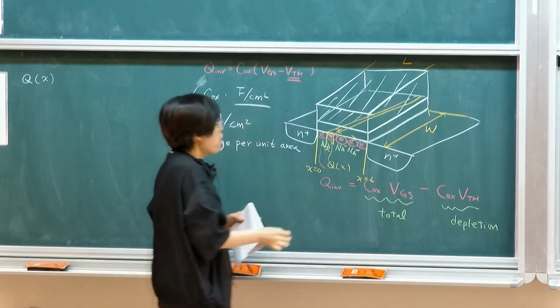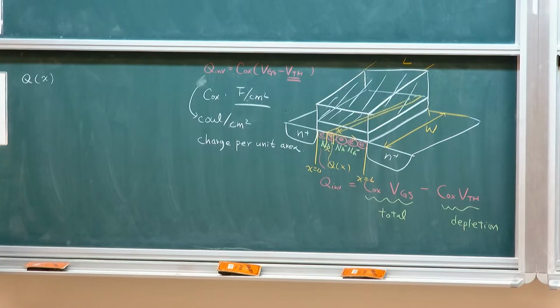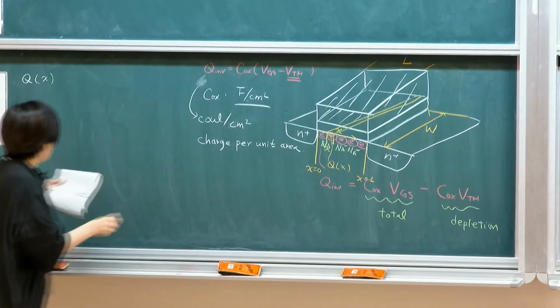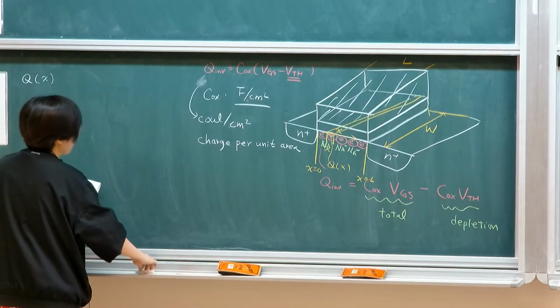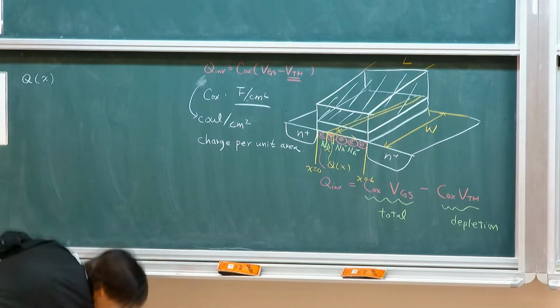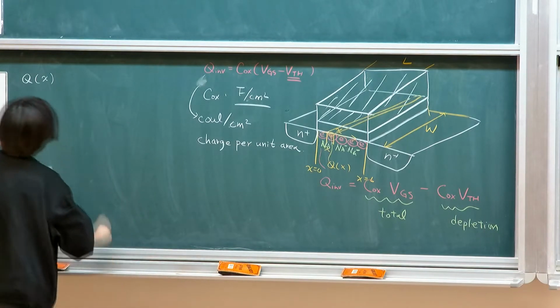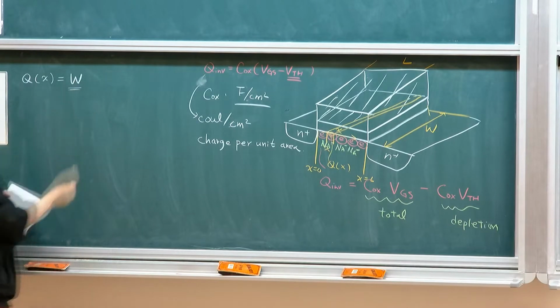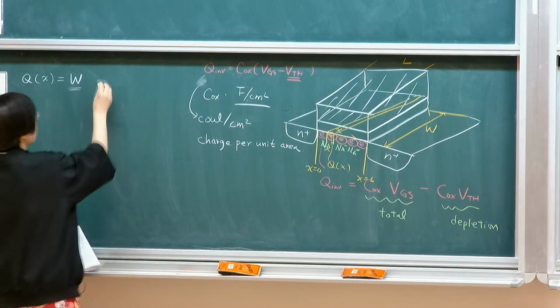It's defined not per unit area, but per unit length, because I'm going to assume that it's uniform along W. Therefore, Q can be rewritten as W, assuming it's uniform along the width, times Q inversion.